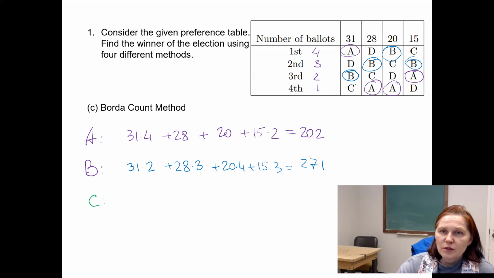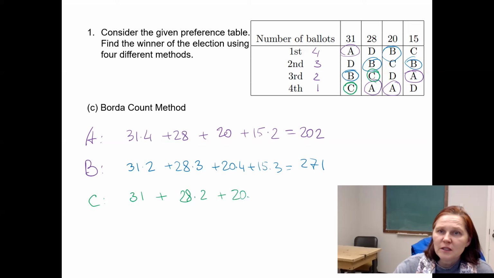Then C, in the first set of ballots, C has the last place, so 31 times 1. Then 28 third places, 28 times 2, 2 points for every third place.